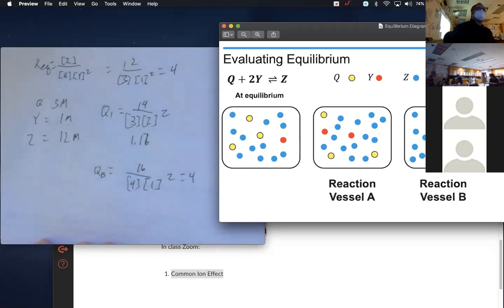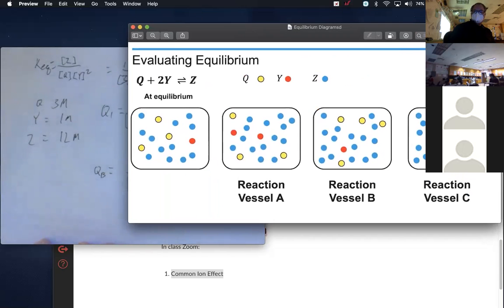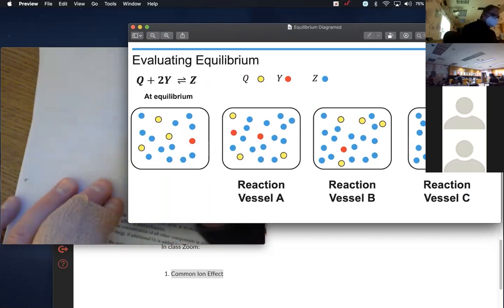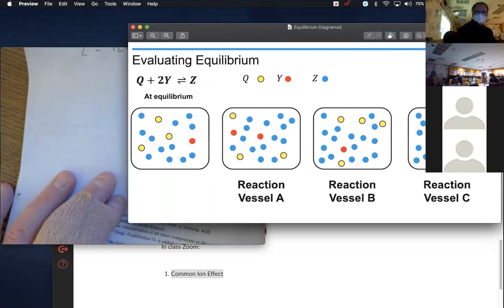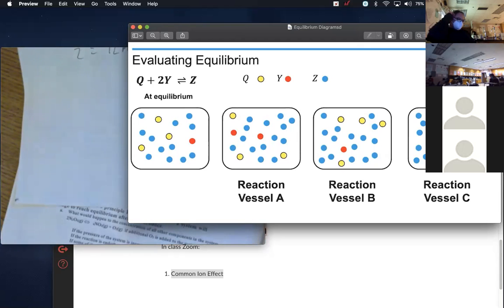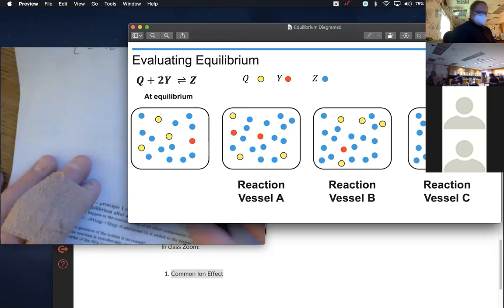Reaction vessel C. The Q of C equals 20 to 1, 2 squared, which is 4.